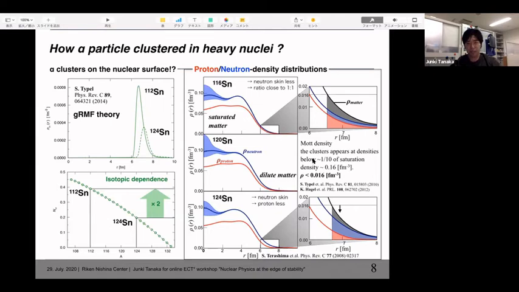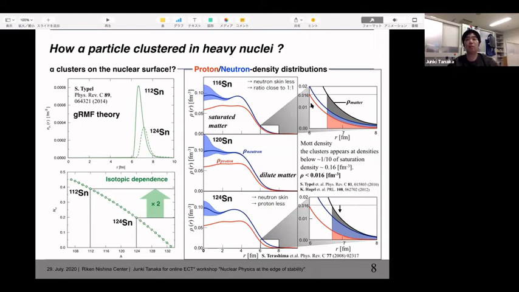According to the theory, alpha particles appear below 1/10 of the saturation density, which corresponds to below 0.016 in density.